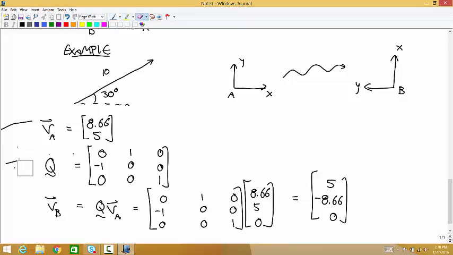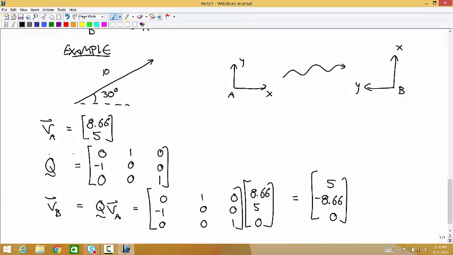And does that make sense as the components of this vector expressed in this coordinate system? It does. If you put the tail of this vector at the origin of this coordinate system, the angle from the positive x-axis would be -60, and this would be cosine and sine of -60 times 10.